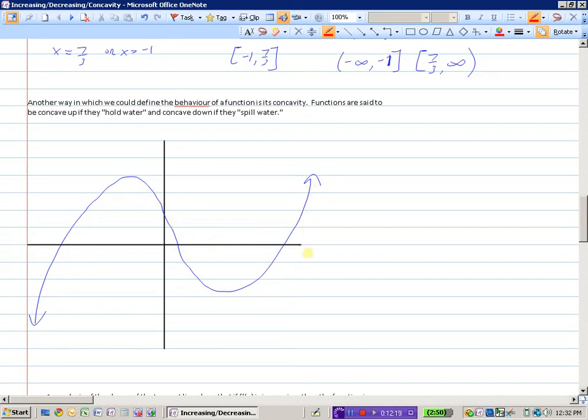It would spill water. So there's a point right in here where the graph goes from being concave up on that interval, and it's concave down on that interval. Let's take a look though at the slopes of the tangent lines again. So again, let's put some points on here.